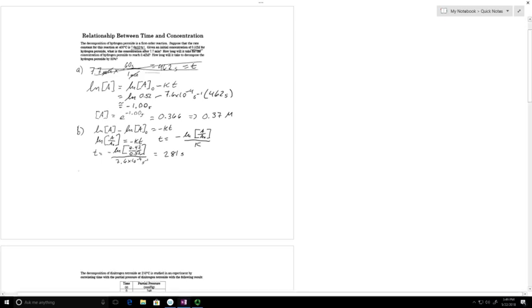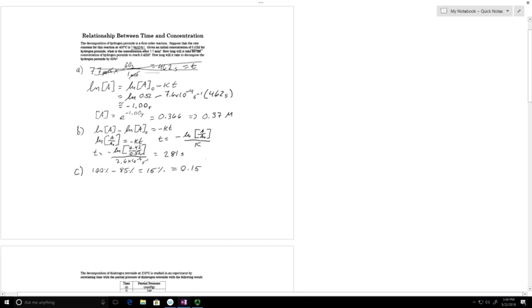Our last question is asking how long it will take to decompose by 85%, which means we need the difference between 100% and 85%, which is 15%, because 100% minus 85% is equal to 15%, or 0.15. Okay?